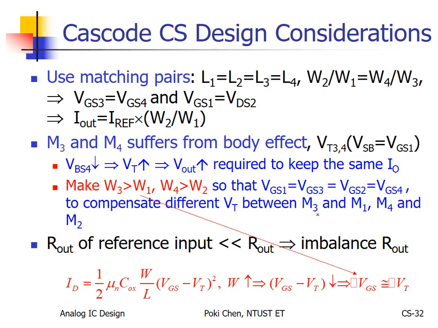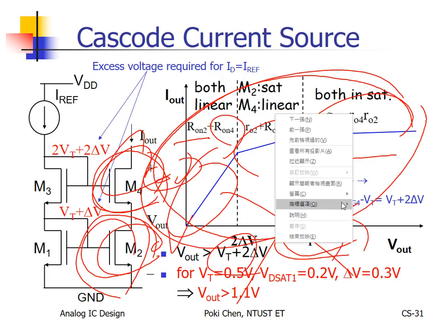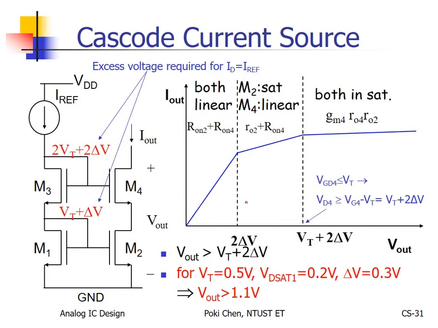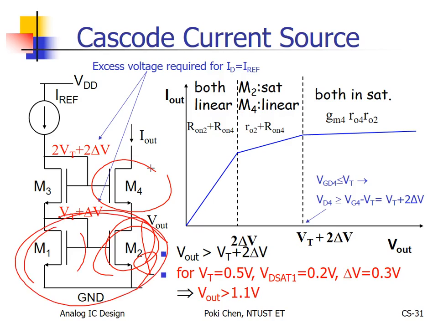Anyway, what is the problem with this? Allow me to explain more for such kind of current buffer. Again, current buffer, the major purpose, the major function is to help you pass the current controlled by M2 and M1, as you like. Current controlling transistors.